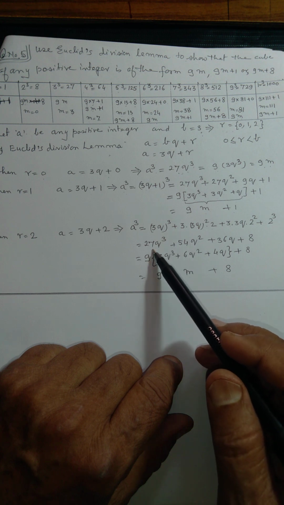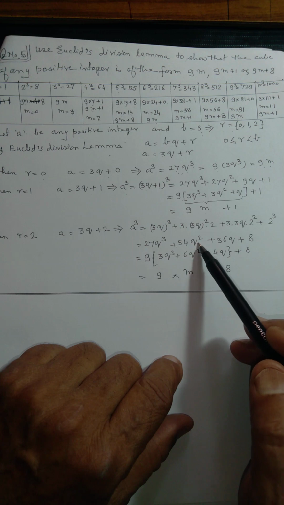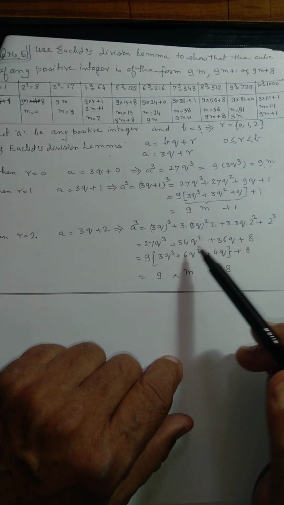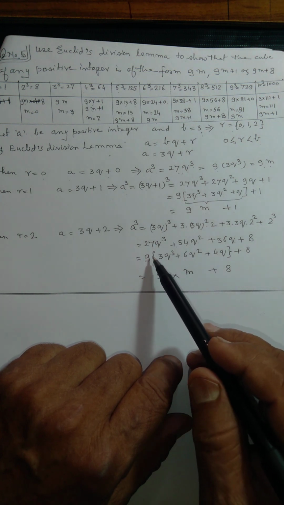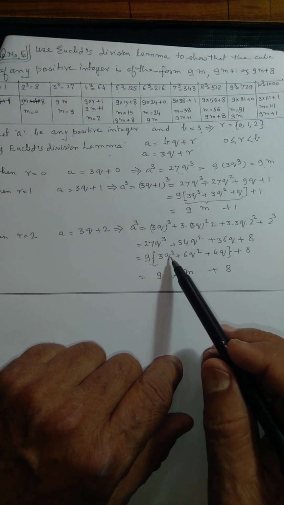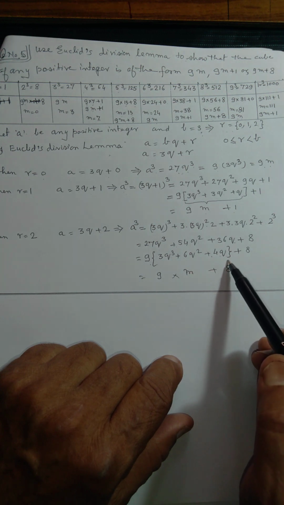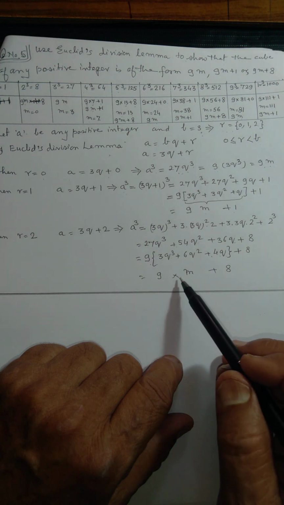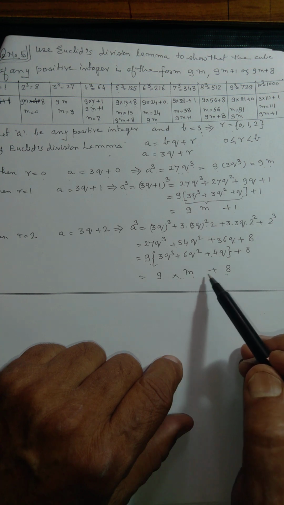Further solve it, you will get 27q cube plus 54q square plus 36q plus 8. Now here you take 9 common, so inside the bracket we are left with 3q cube plus 6q square plus 4q, bracket closed, plus 8. So it will be equal to 9 into m plus 8, in the form of 9m plus 8.